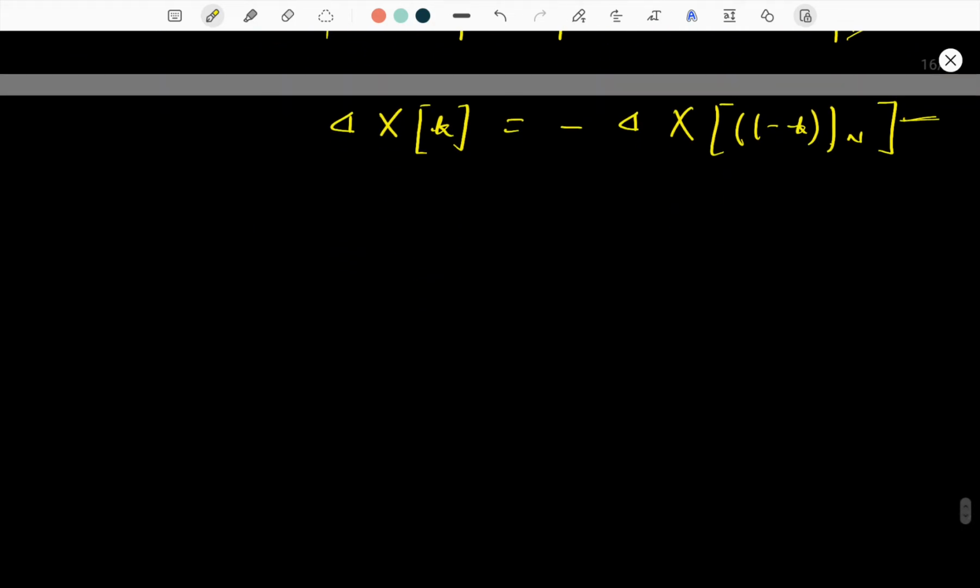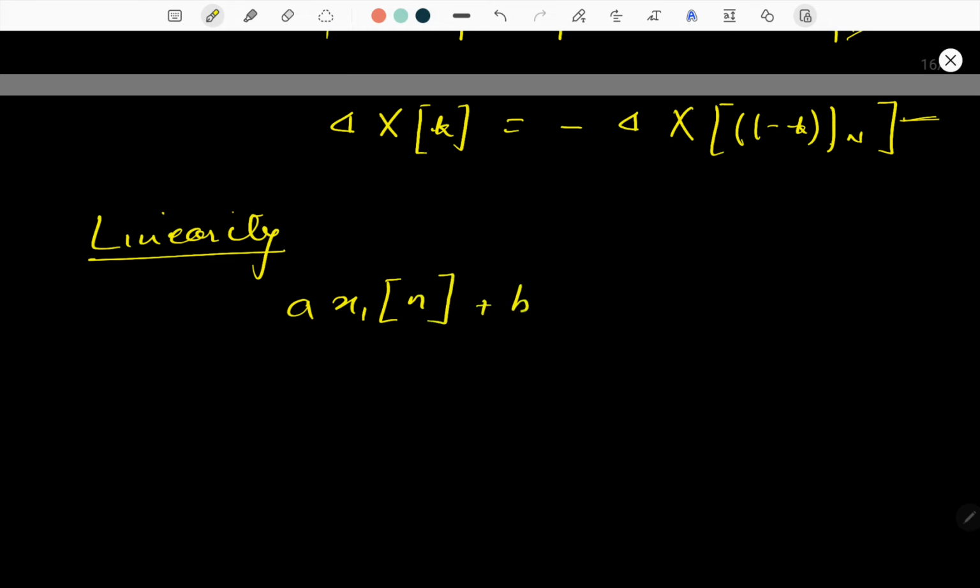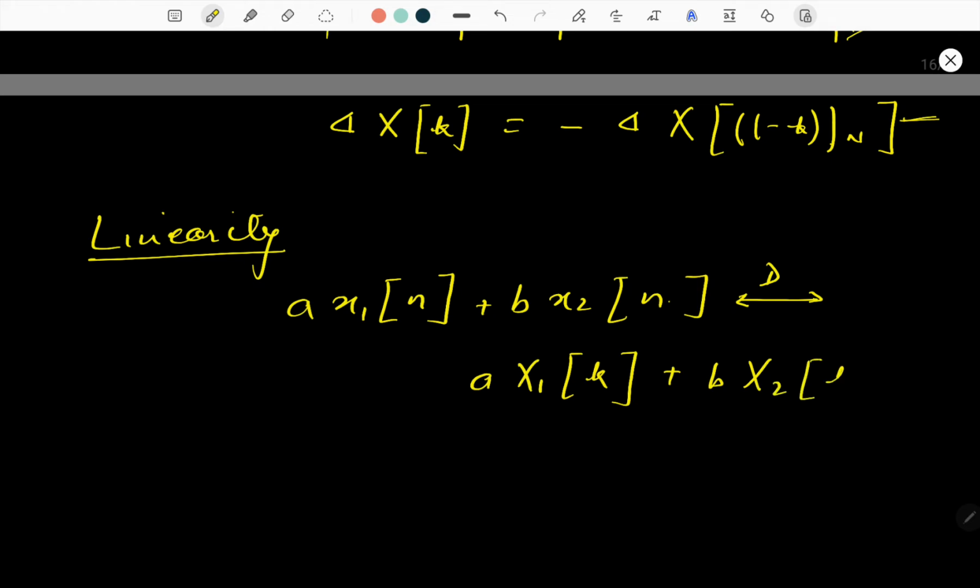Okay, next move forward. Second we take is linearity. In linearity, a x1(n) plus some constant b x2(n), if you take the discrete Fourier transform of this, it will become a capital X1(k) plus b capital X2(k), where a and b are constants on both sides.